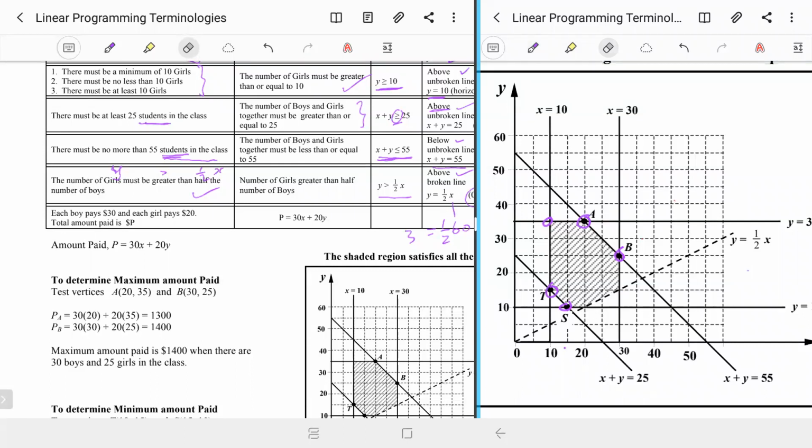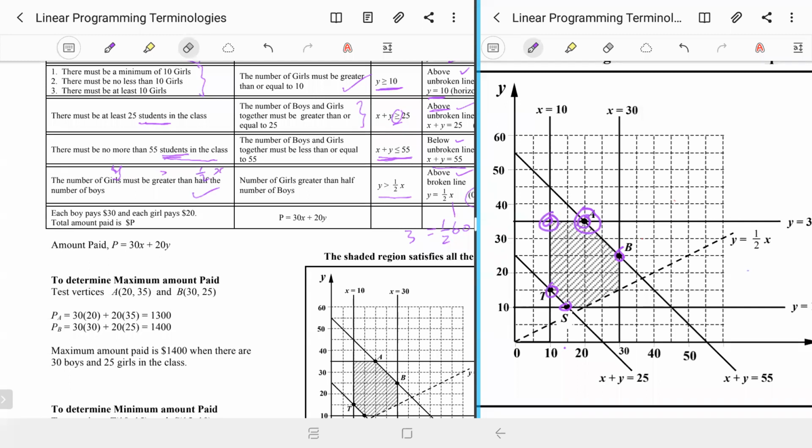But you can actually reason it out. Now clearly, look at it now. You don't have to actually test all the points if you want the maximum. You're looking for the points where the number of boys and the number of girls will be the highest or higher than the other points. Now clearly, A has more boys than here.